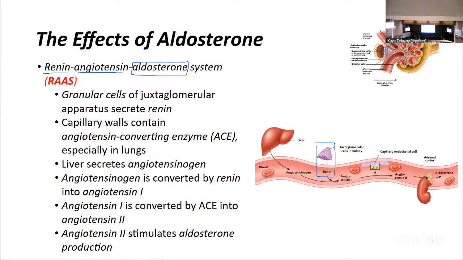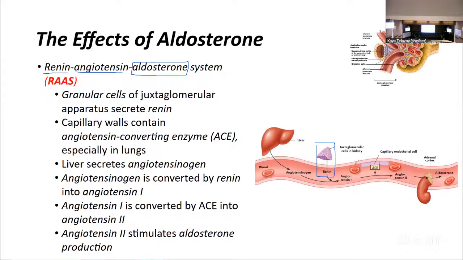We remember they were on this image, passing by next to the glomerulus, but communicating with the end flow of our tubular fluid. These juxtaglomerular cells can secrete renin. And when we have renin in the bloodstream, renin and angiotensinogen work together.